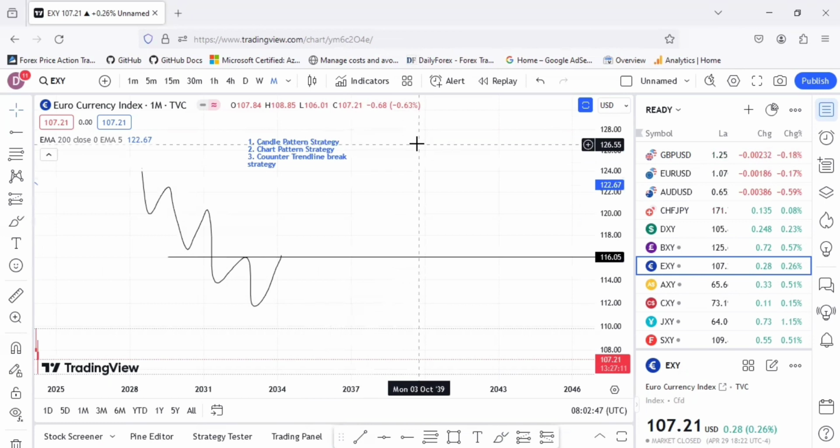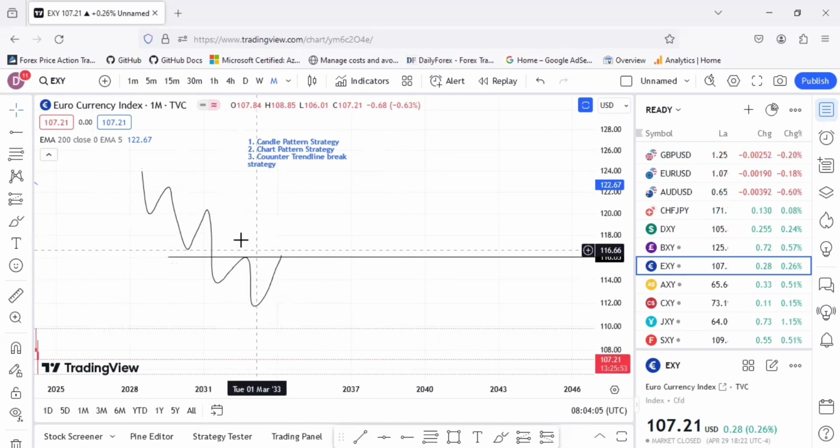We have hammer, inverted hammer, engulfing, bullish engulfing, bearish engulfing, inside bar, dragonfly, doji, evening star, morning star, harami, a lot of them, so many of them. I'm going to be looking at just two in this training, which are the pin bar and engulfing.